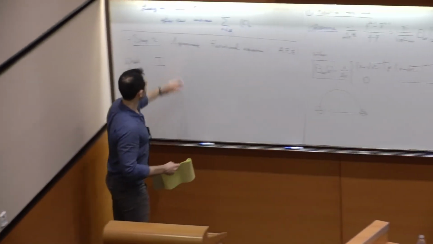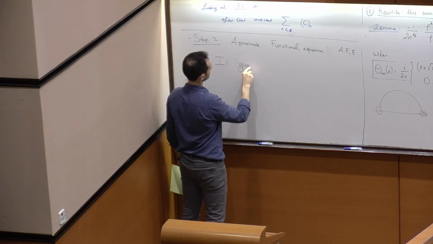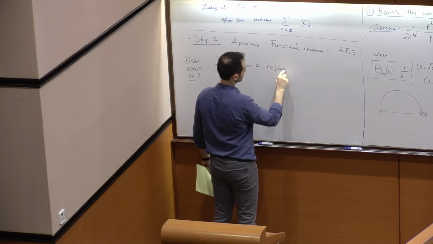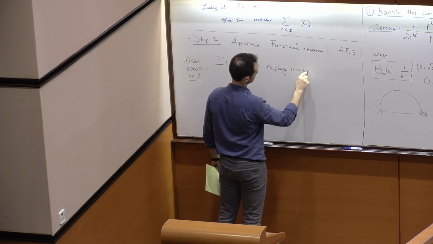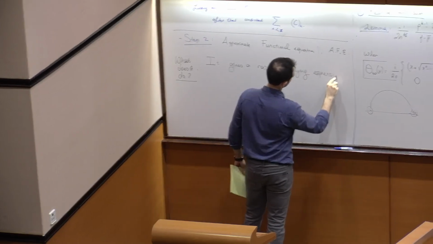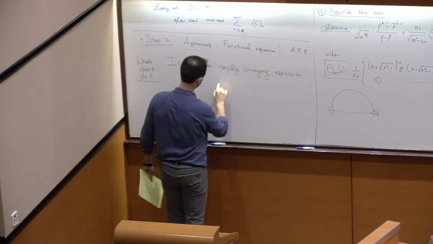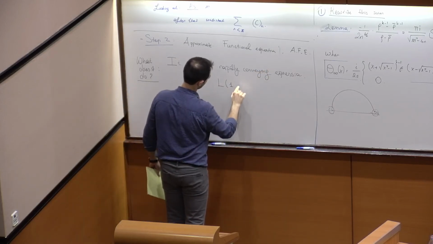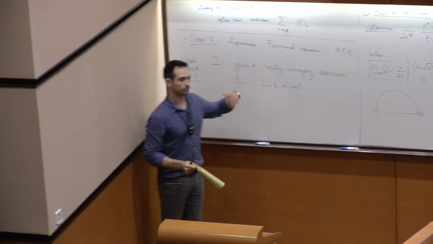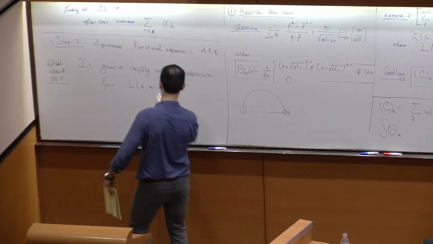So what the approximate functional equation does is it gives a rapidly converging expression for that function over there, L1 of m squared minus 4n. I'm writing it in this context, but maybe I should tell you in a second how it works.